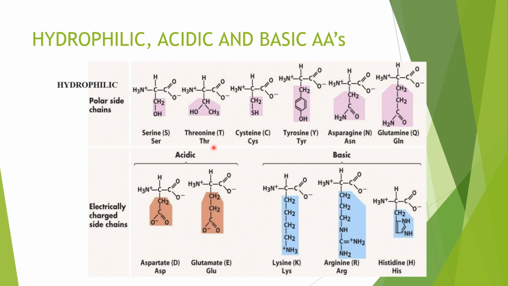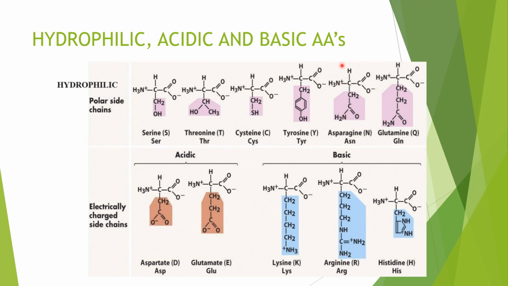capital T or THR. Then this is cysteine, again a sulfur containing amino acid, a very important sulfur containing amino acid, abbreviated as capital C or CYS. Here is tyrosine, an aromatic amino acid, represented by capital Y or TYR.